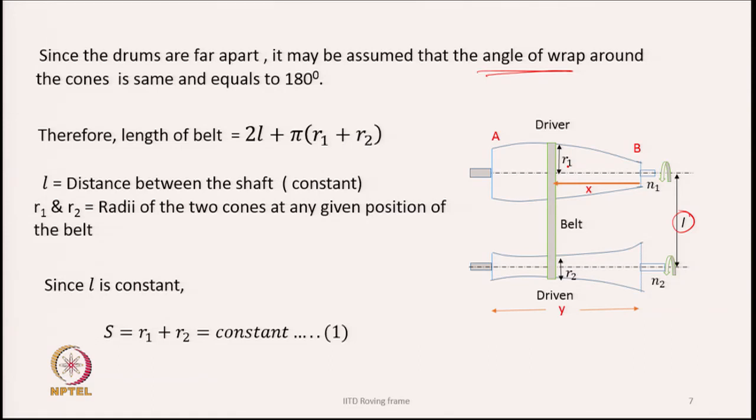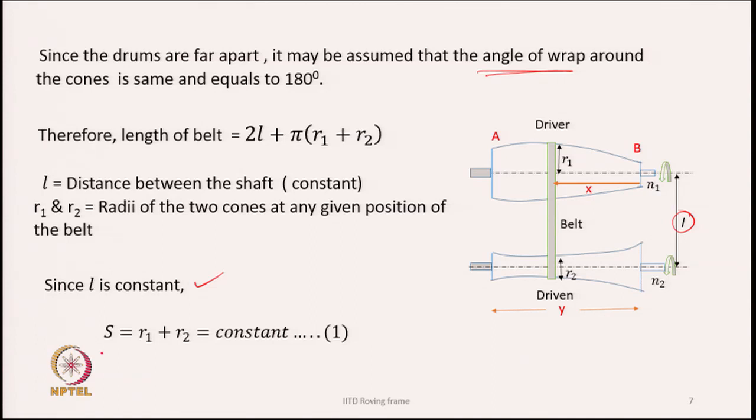So, it is pi (r1 plus r2), that becomes the actual length of the belt, where the L value remains the same, and r1 and r2 keep on changing depending upon where the belt is. L is always constant, that is the center to center distance between the two drums.